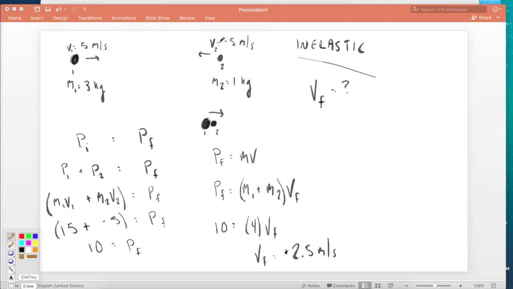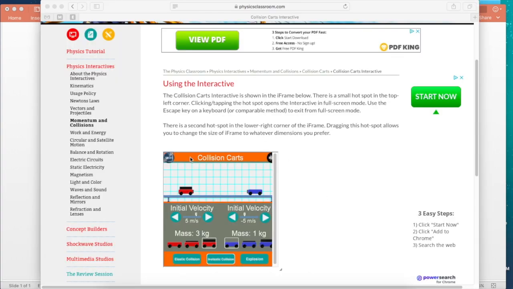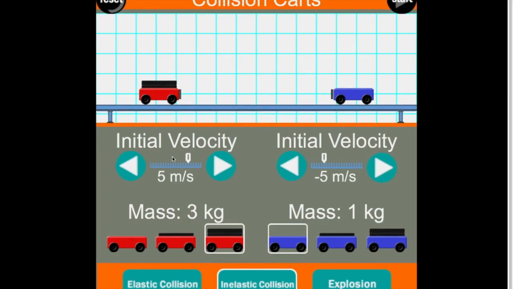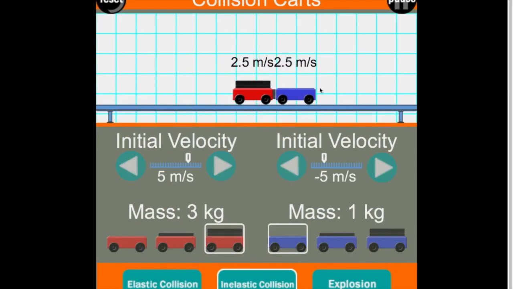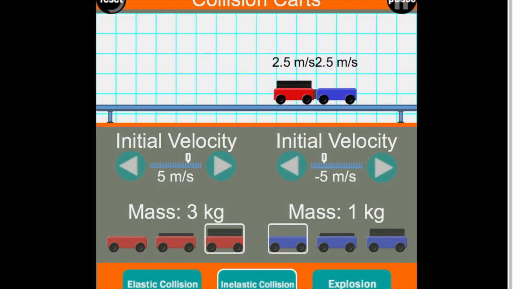The smaller object is going to be forced to stop and turn around and move to the right. So both of these are going to be moving to the right. So my final velocity is a positive 2.5. I believe that is indeed what the simulation showed. And now both of them are one object, moving with a velocity of 2.5 meters per second to the right.